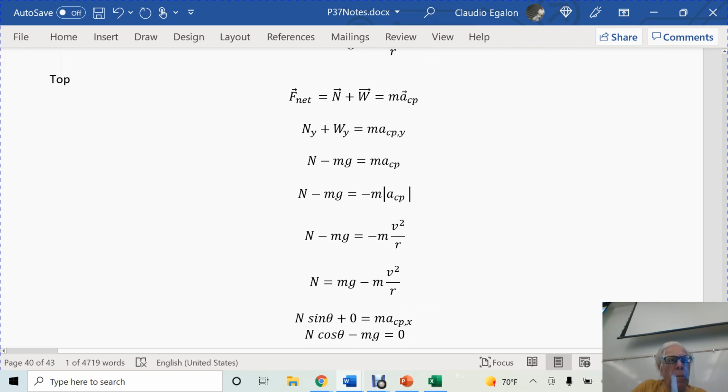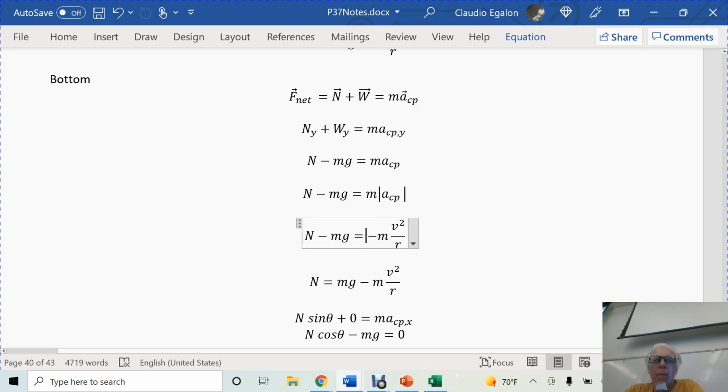Bottom. Same thing, n plus w_y. mg is going to be negative. And now the normal is going to have the same direction as the centripetal acceleration. So if I put the magnitude of the centripetal acceleration here, the sign of this one is going to be the same as the sign of that one, and I can take out the negative sign and the magnitude as well.